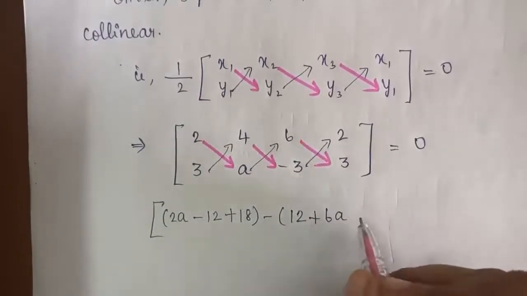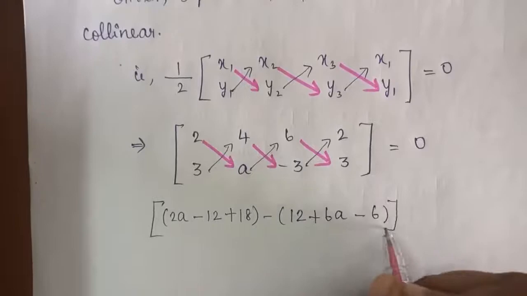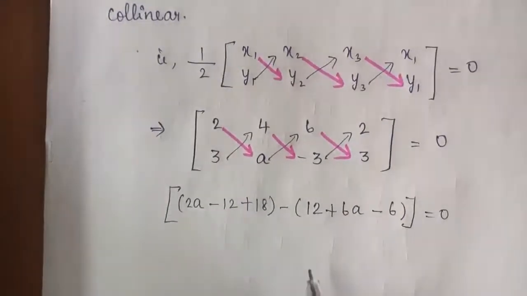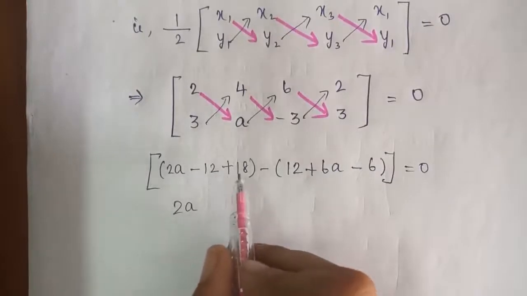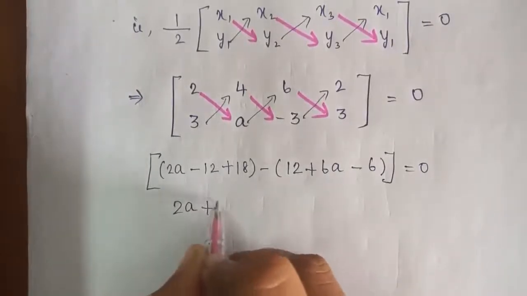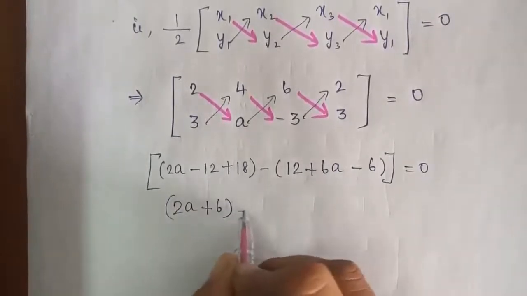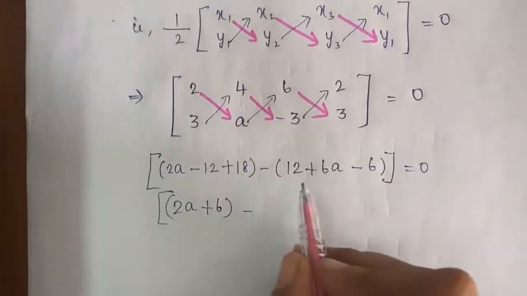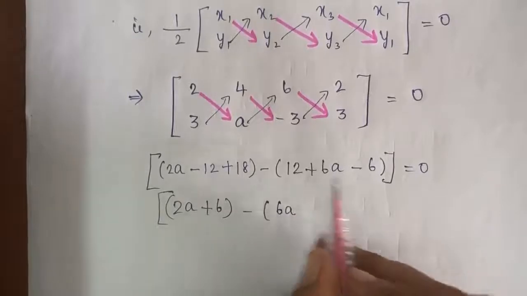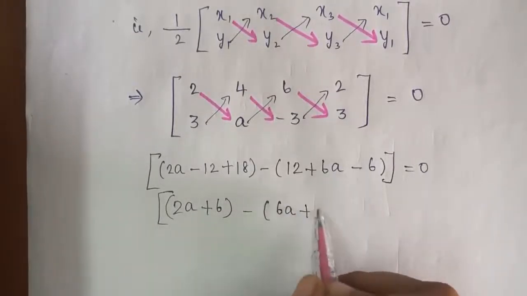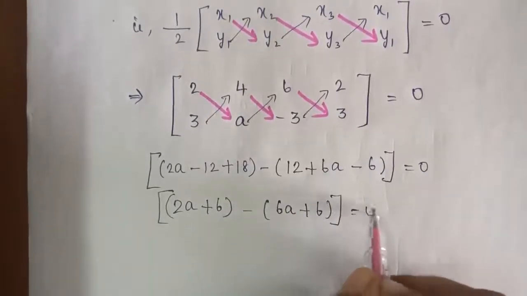Minus 3 into 2 is minus 6, which is equal to 0. So 2a minus 12 plus 18 is plus 6, minus 12 minus 6. 6a, 12 minus 6 is plus 6, is equal to 0.